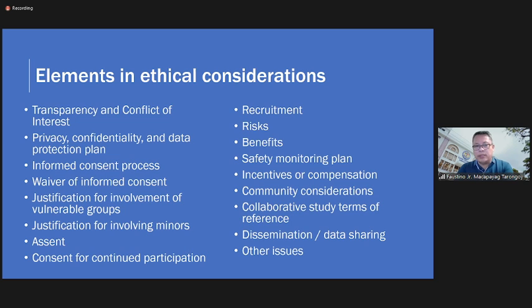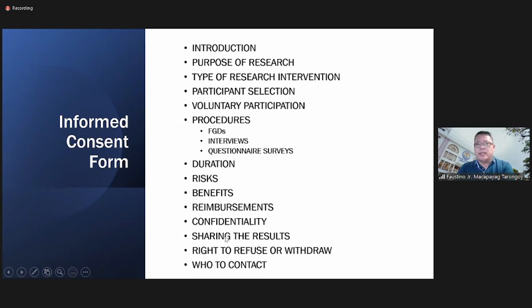We will do this on another occasion, which we are going to host at the REO, so that you will get more assistance if you really want to be specifically assisted in complying with the protocol submission. And then one important element, especially even if you have questionnaires or simple interviews, is the informed consent form. You cannot always get the data by just asking a human participant right away.